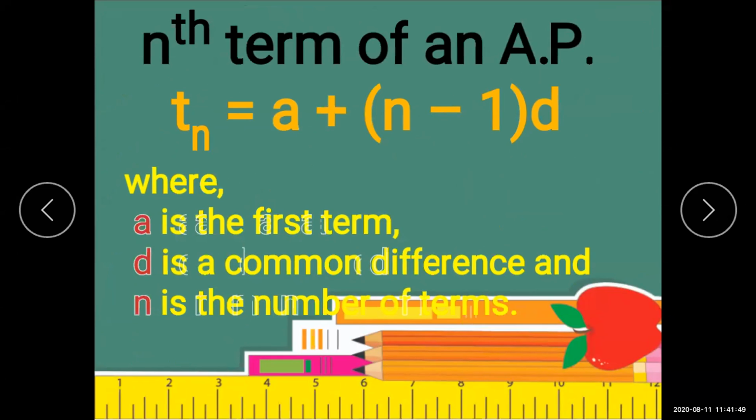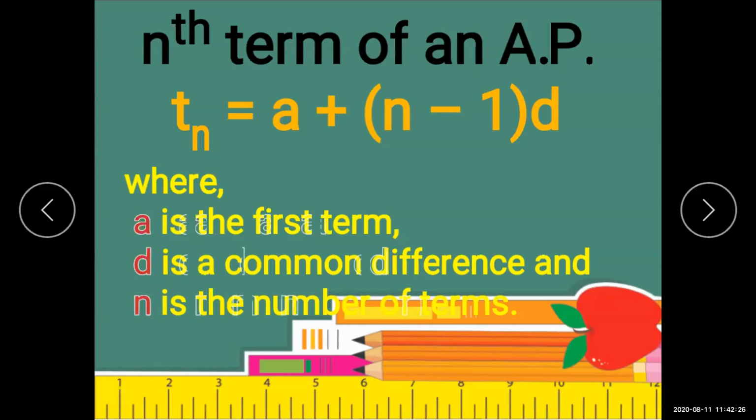We have seen many questions where we have found the nth term of an AP, so you have to use Tn is equal to a plus (n minus 1)d. Remember that a is the first term, d is the common difference, and n is the number of that term. Is it clear?